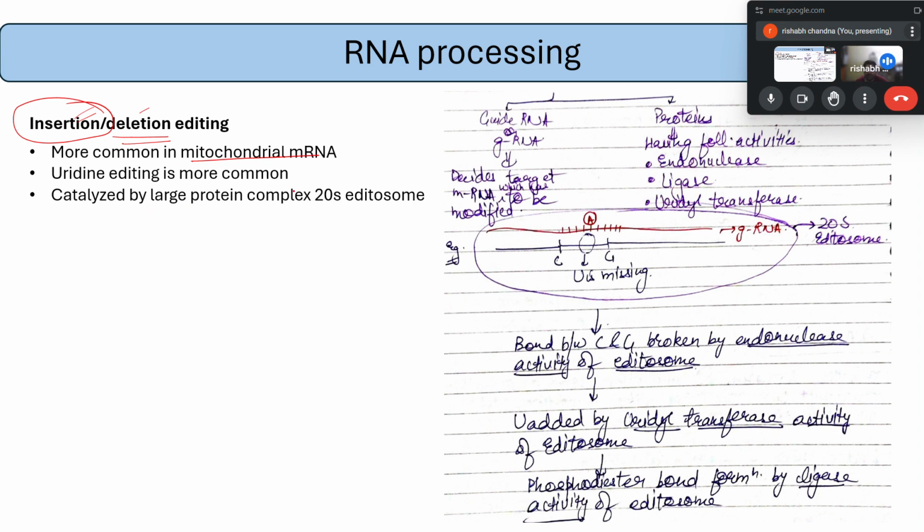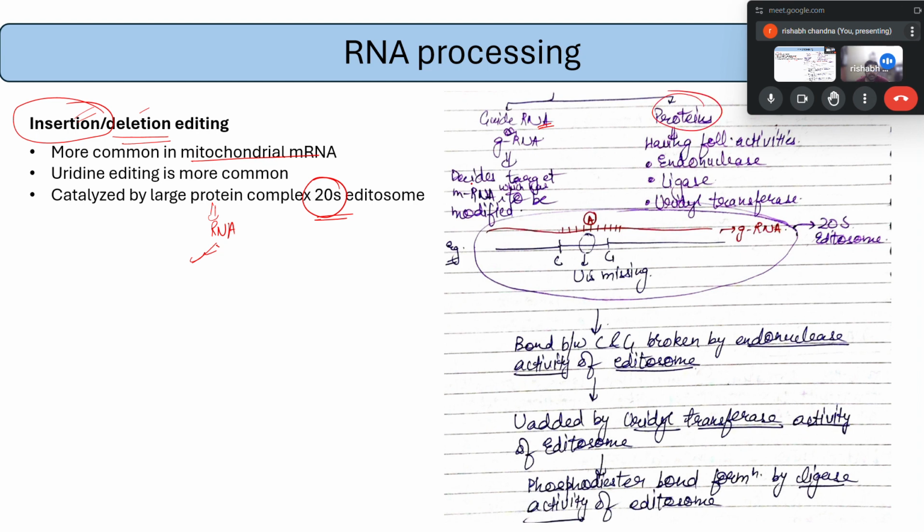catalyzed by a protein complex that also has an RNA component involved, that is a 20S editosome. So it has two components, the RNA part and the protein part. The RNA part is called the gRNA or guide RNA, as in the case of CRISPR, and the protein part.